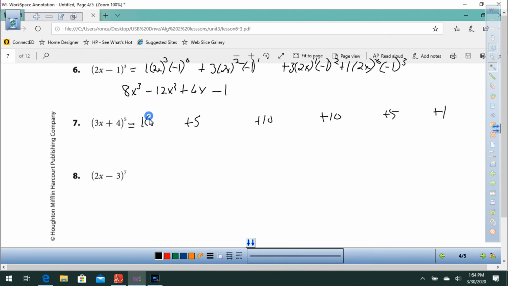We got 3x, and we got 3x. And it's going to be 5, 4, 3, 2, 1, 0.